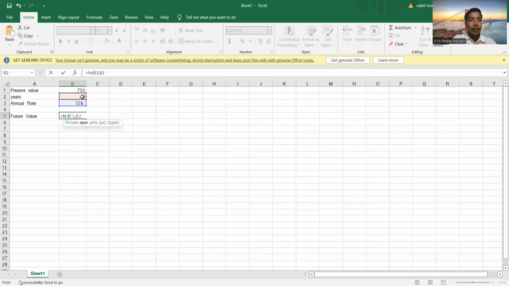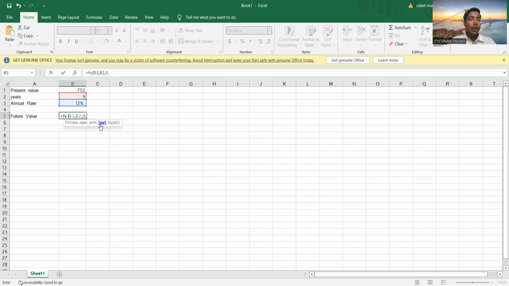So again, like previous, I have to give a comma, you can see here. So pmt, that is payment. What is payment? We don't know, there is no payment each year, just because we are calculating future value, we are not calculating annuity. That's why we don't need this option, so skip this option. Or you can write 0, and need to give a comma.